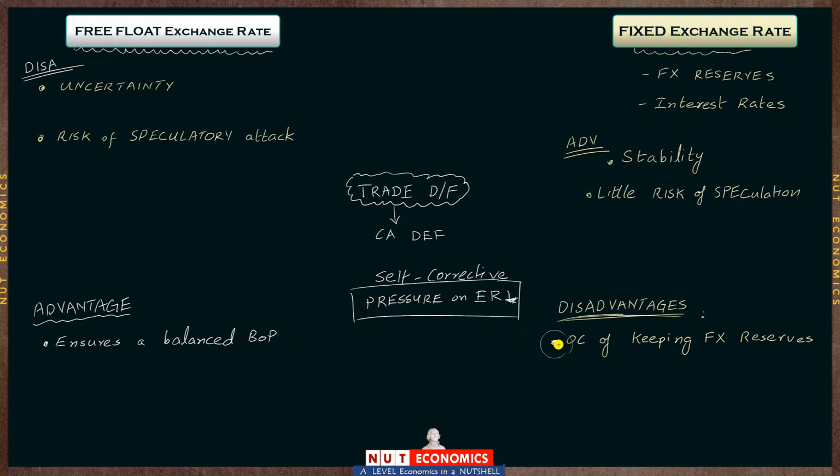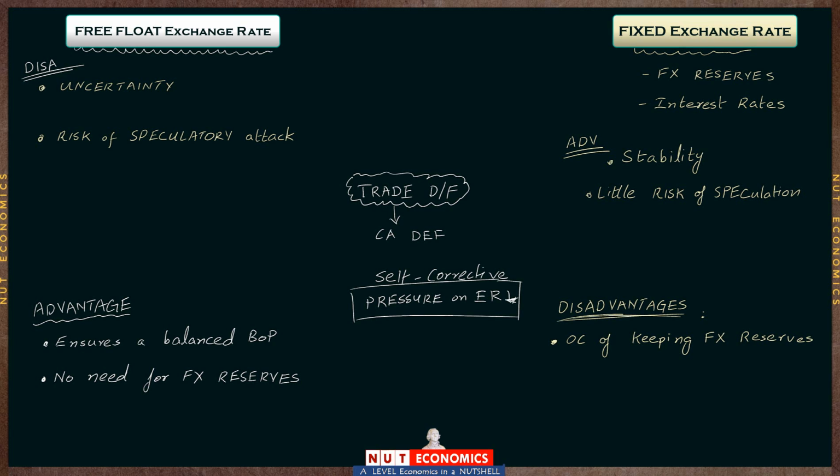Again, compare the two. Look at the disadvantage of fixed exchange rates. What is that disadvantage? You have to keep FX reserves, so there is a big opportunity cost. Convert that into an advantage of a free float exchange rate. If you are in a free float exchange rate system, you have no need for FX reserves. If there are no FX reserves, it means we can use that money in other work.